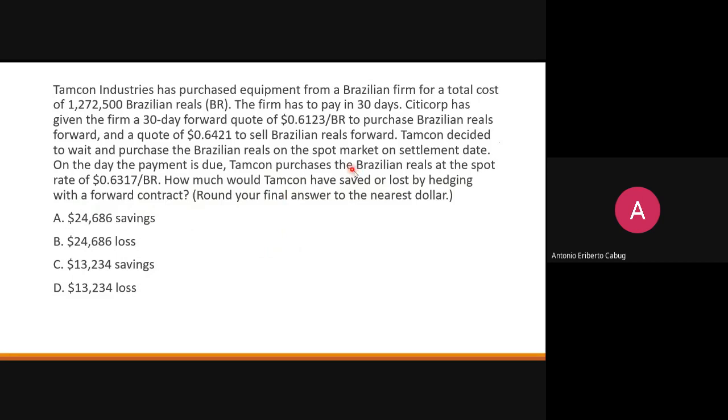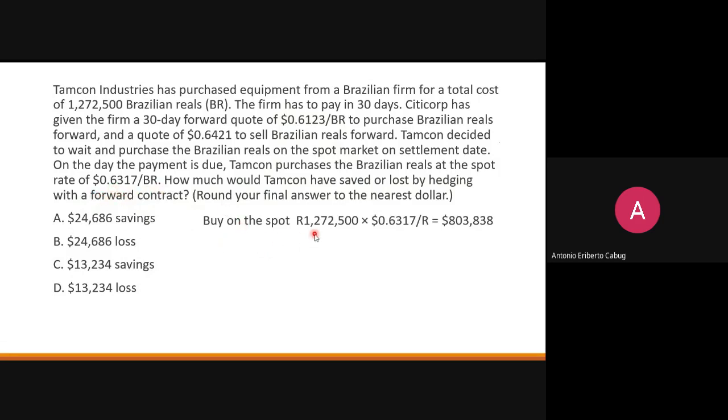So, if it is going to be done through the forward contract, Tamcon will buy at 0.6123 dollars per real. However, if it will be done through the spot market, 0.6317.